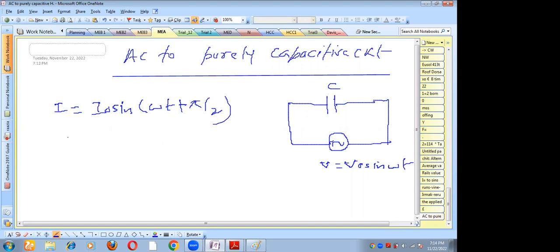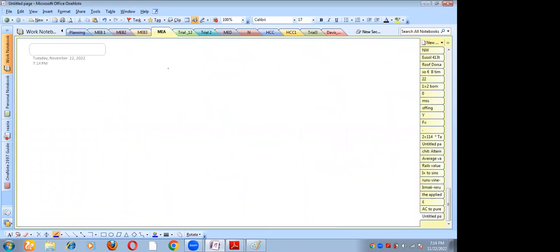Got my point? So always remember, in a capacitor, C for capacitor, C for current, current leads, and it is reverse in an inductor. In an inductor, current will lag.